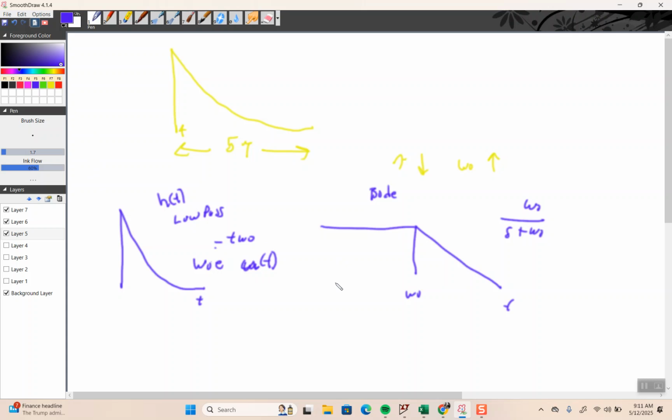So when omega naught gets bigger, 5 tau gets smaller. When omega naught gets smaller, 5 tau gets bigger.